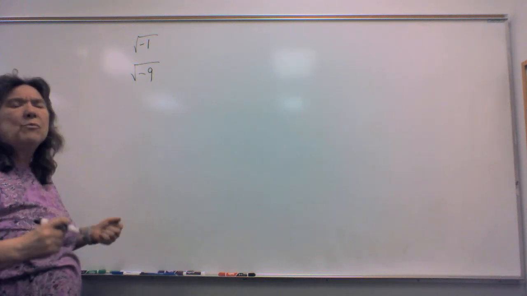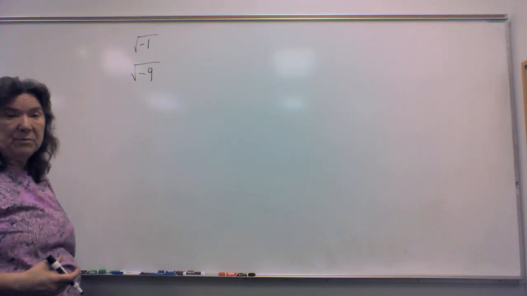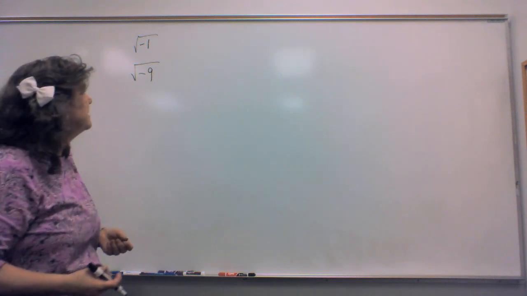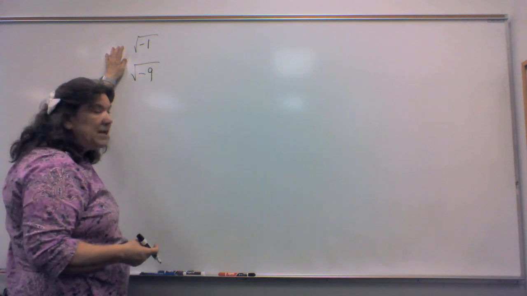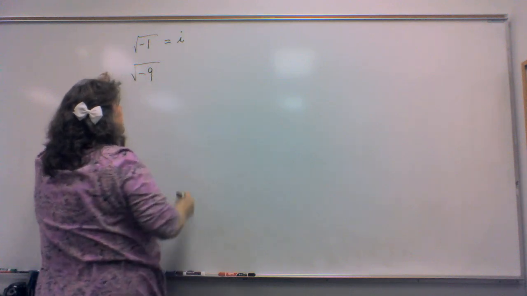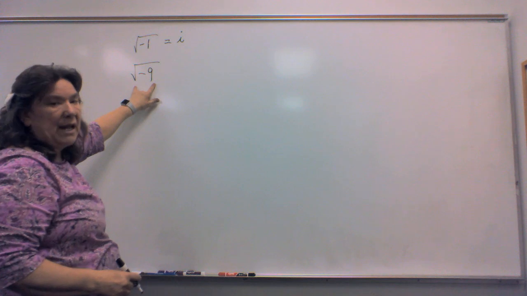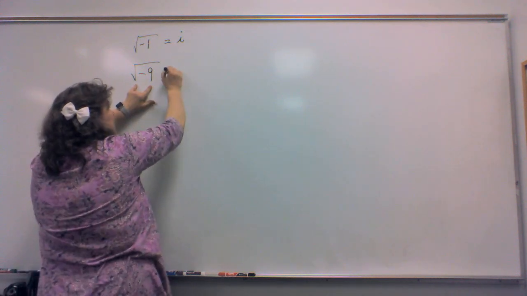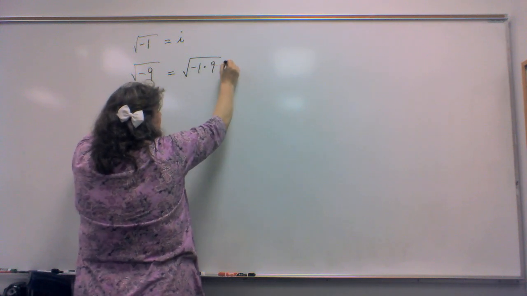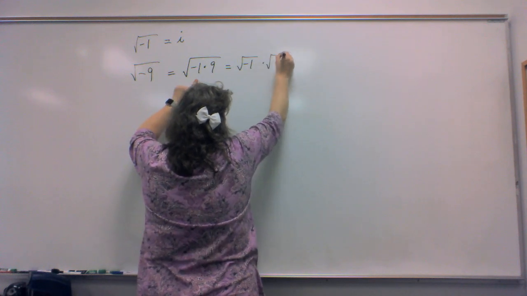We've got to have a way to express the square root of a negative number. So they came up with what was called an imaginary number. They said, we will define an imaginary number as the square root of -1, and they gave it the letter I. So by doing this, we can now express this, because this would be the square root of -1 times 9, which means the square root of -1 times the square root of 9.